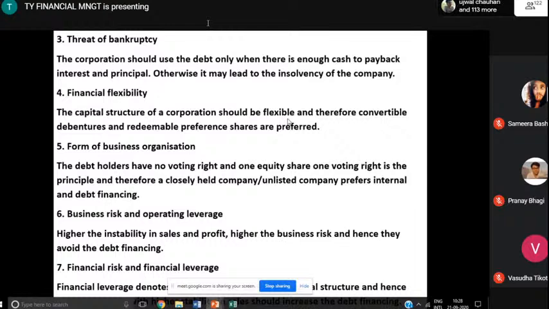Complete the word: percentage of debt in the capital structure.